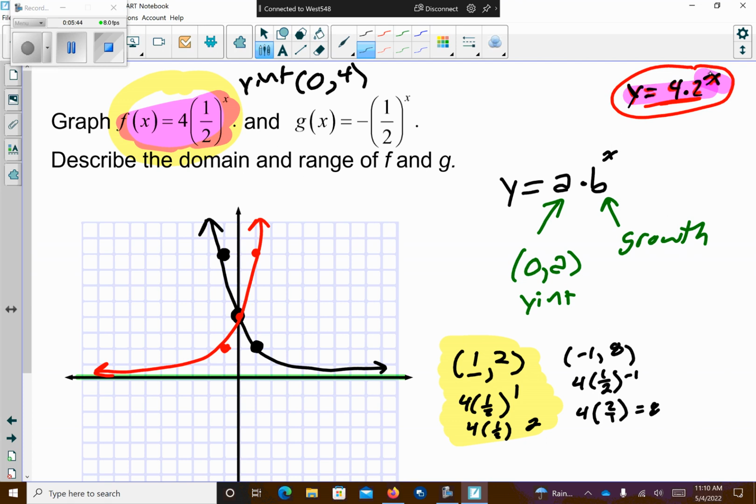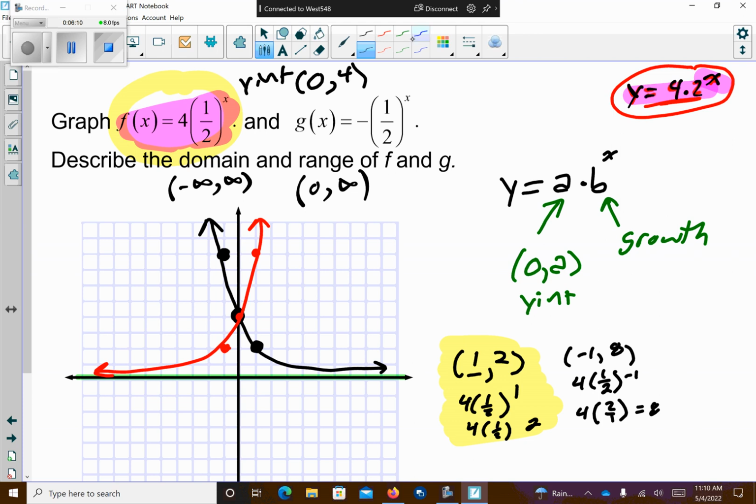So let's think about this. I said the domain for all of these is going to be negative to positive infinity. Agree? The range for both of these is still going to be 0 to infinity because it's starting at the x-axis and going up. Okay, so the domain and range, whether it has pirouetted or flipped around the y-axis or not, the main changer of that.